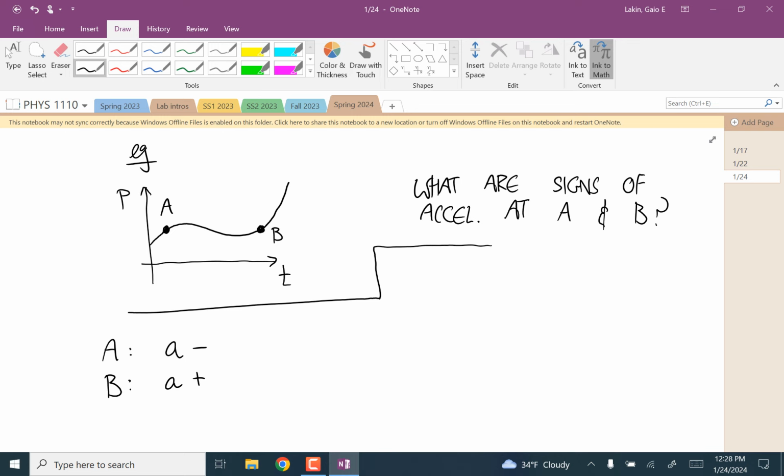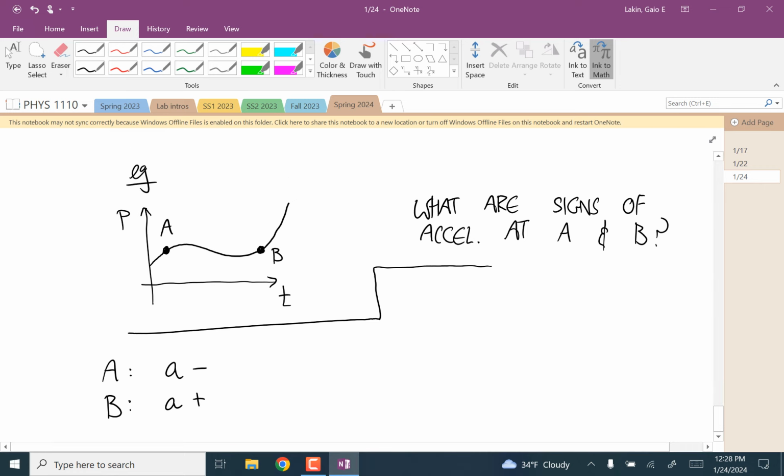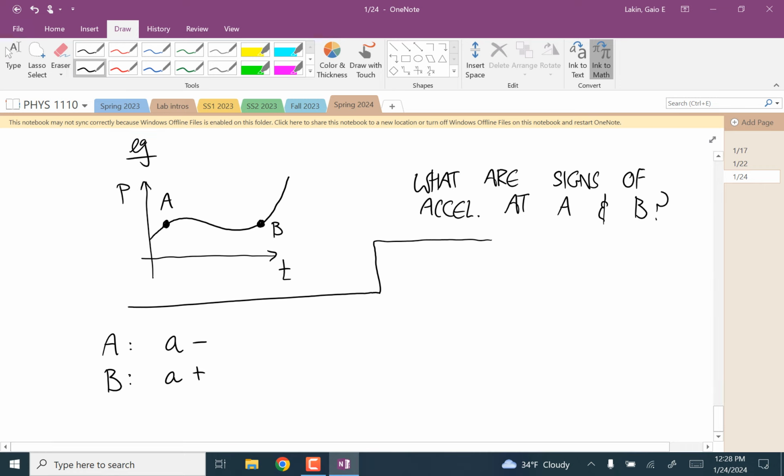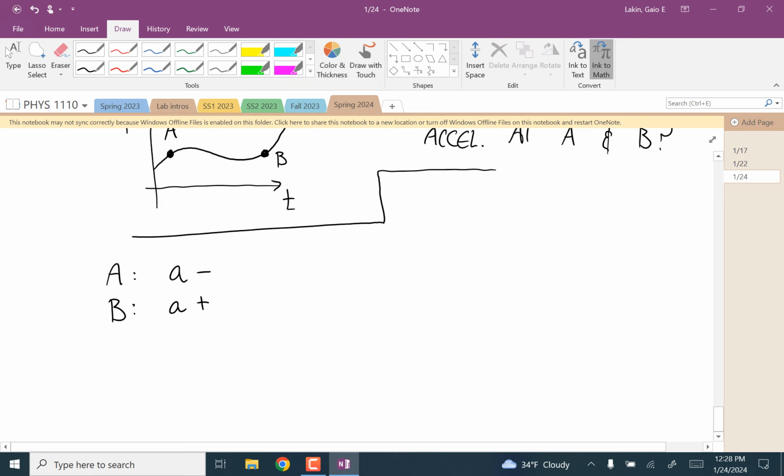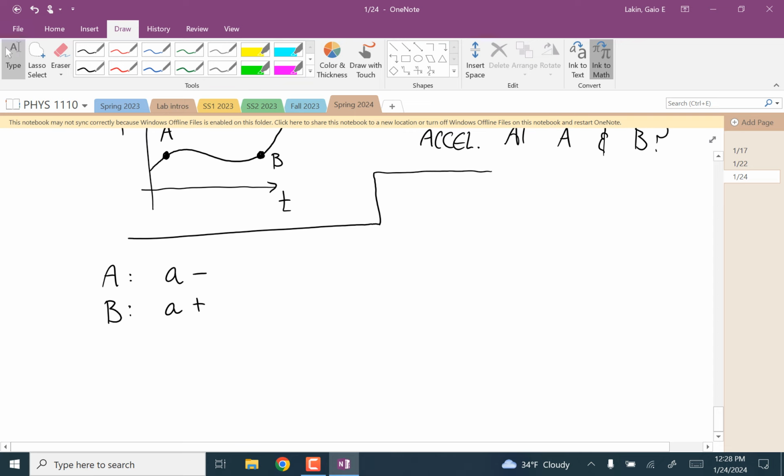Let's also think, okay, so let's say this is the first part. And now the second part, let's say at A and B, is the object speeding up or slowing down?